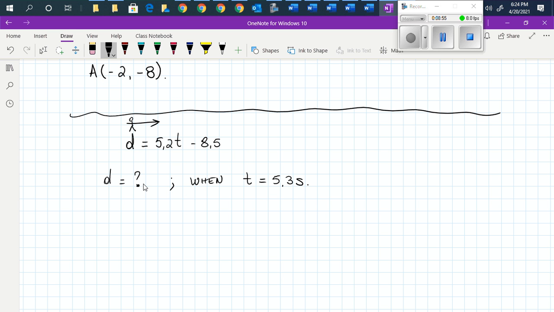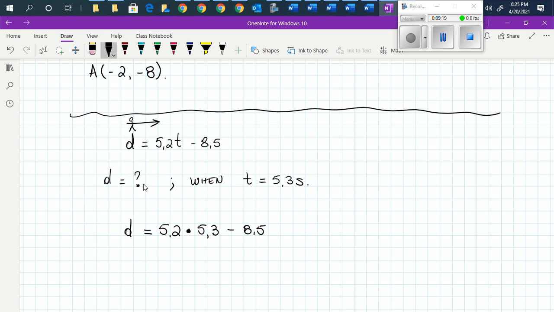So you walk through, you see a d, which you don't know what it is, then the equal sign, then 5.2, which by the way is the slope, and then you see a time. So time, now you have a value for it as 5.3, minus 8.5, which by the way is the y-intercept.